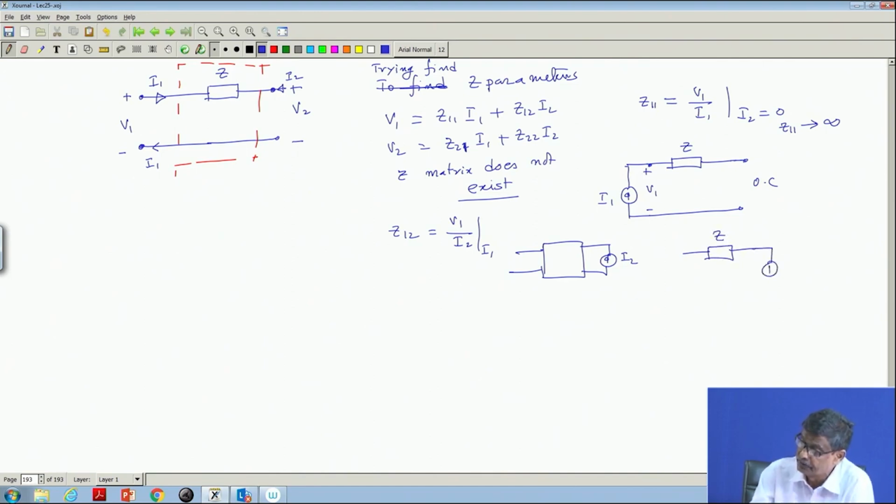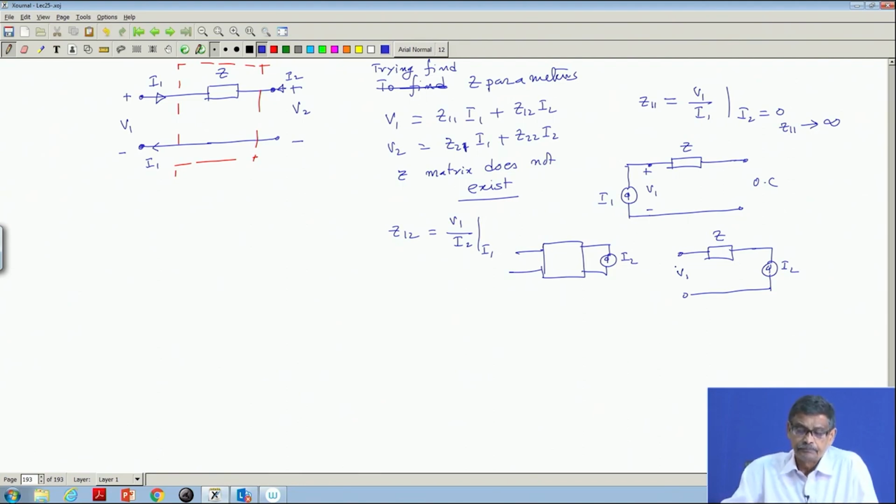So if you pass I 2 current and here it is open circuit, there is infinite voltage here, therefore V 1 will be infinitely large. So you can easily see that the impedance matrix does not exist.